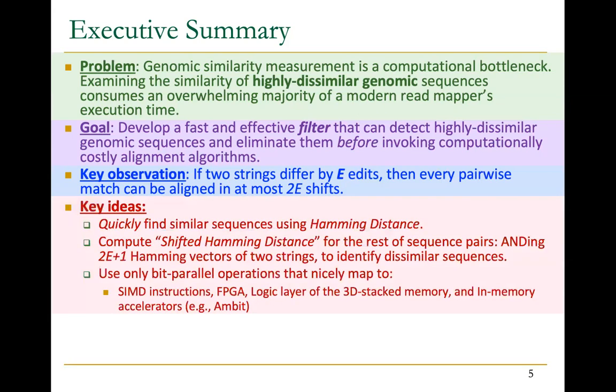We use this to build a very quick filter, so that we first quickly find similar sequences using Hamming distance and see the number of differences. If they still exceed a threshold, we cannot yet say whether they are similar or dissimilar, so we need to continue with the second step.